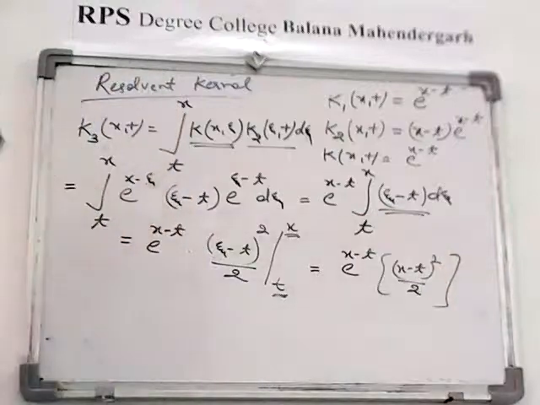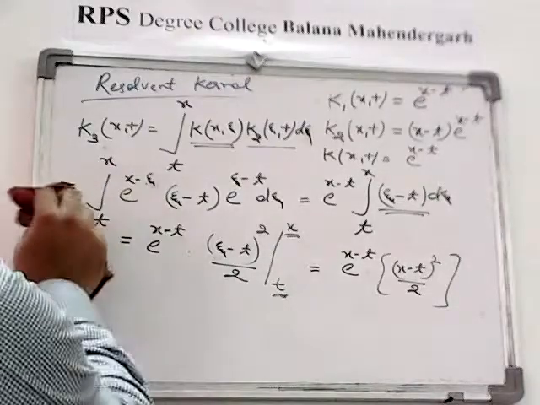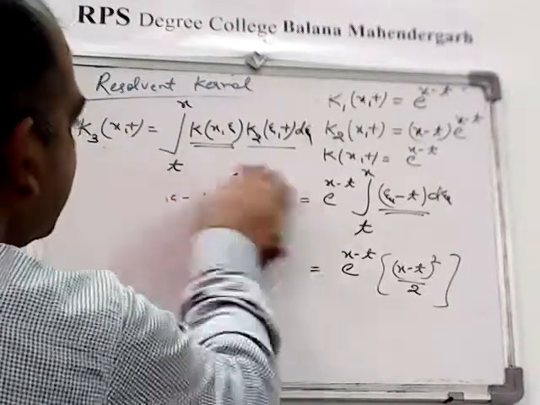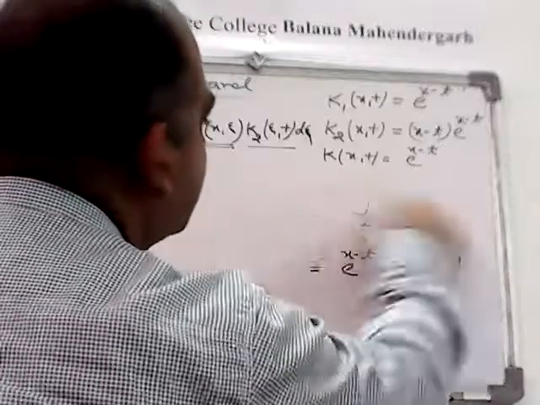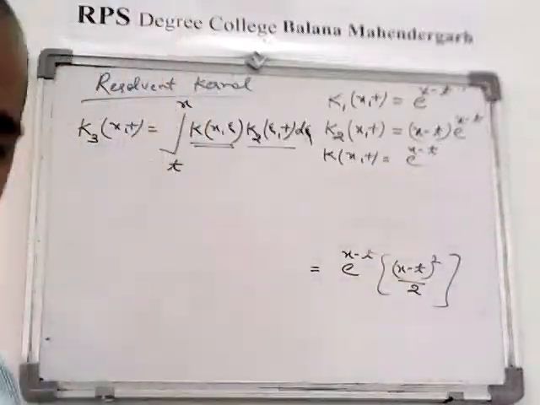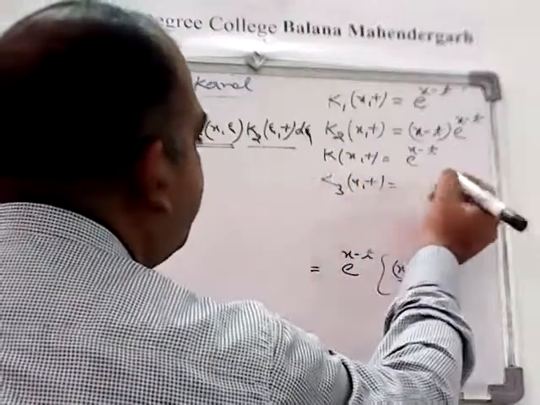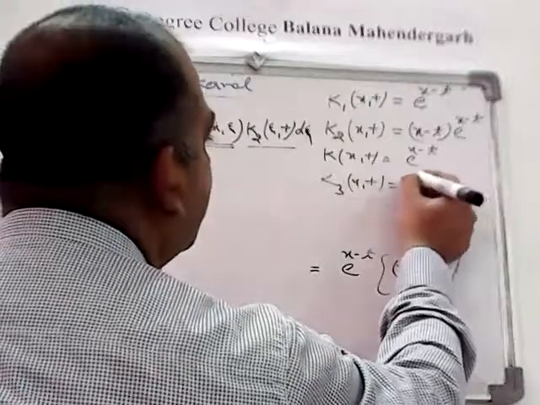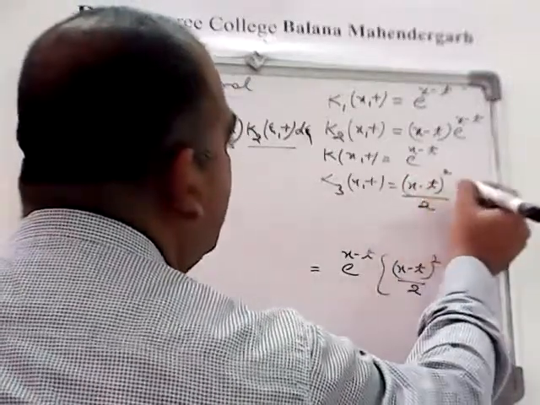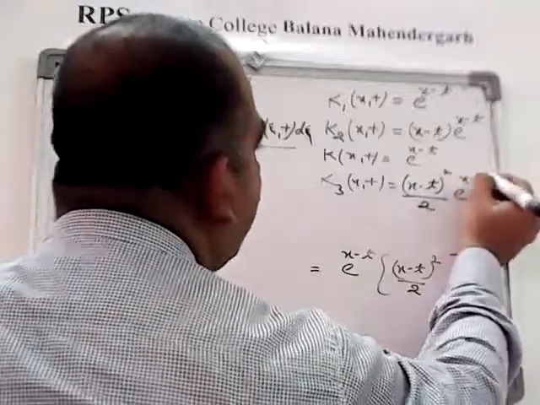So we are getting x minus t whole square divided by 2, and then e raised to power x minus t. So what is the value of k3? After simplification, k3 x comma t is equal to x minus t whole square by 2, then e raised to power x minus t.